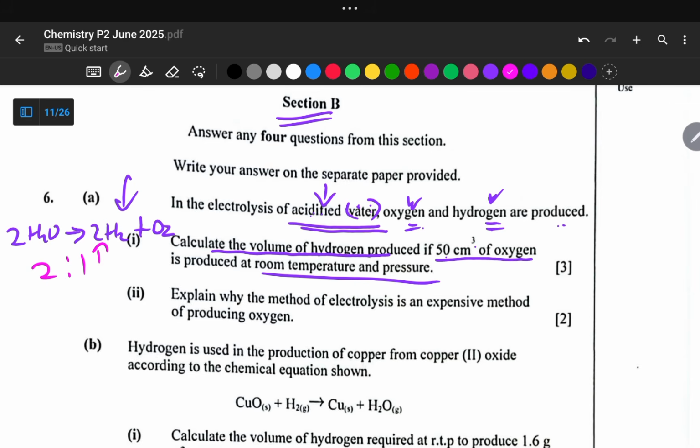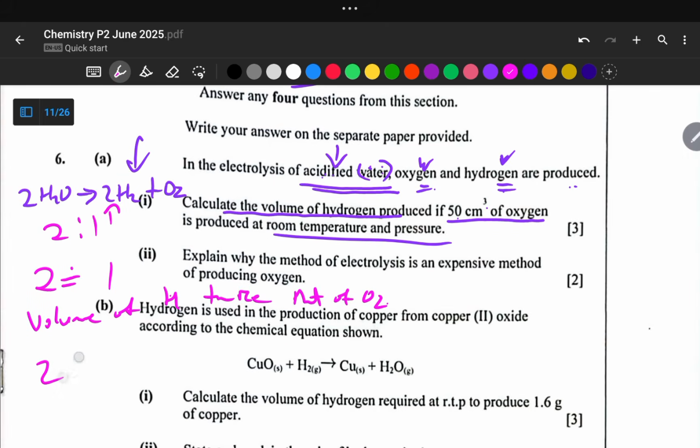Since volumes are proportional to moles, we have Avogadro's law: the volume is proportional to the number of moles. For O level, we don't dwell much on Avogadro's law. So we simply say the volume of hydrogen is twice that of oxygen. It's 2 by 50, giving 100 cubic centimeters, and we are done.